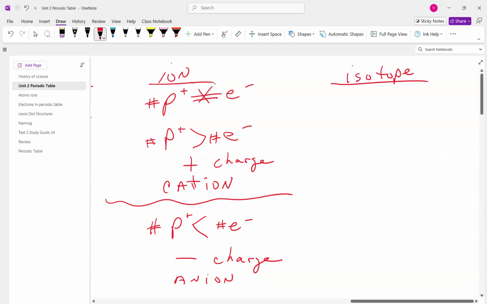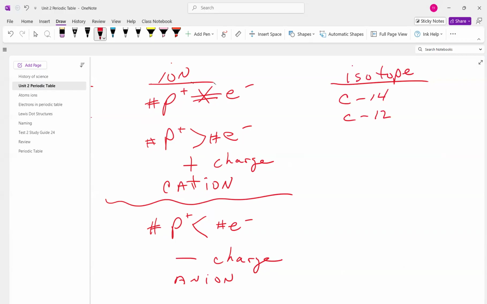There's another type of elements called an isotope. Now, an isotope, like carbon-14 and carbon-12, are isotopes of one another. The C is the same, though. That means the chemistry of C14 and C12 is the same. What's the difference then?